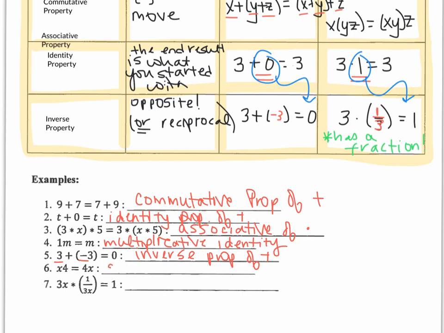So that's the commutative property of multiplication. Number 7, I immediately see it has a fraction, so I instantly think it's the inverse property. But if I look closely, they are reciprocals of each other. So this is the inverse property of multiplication.